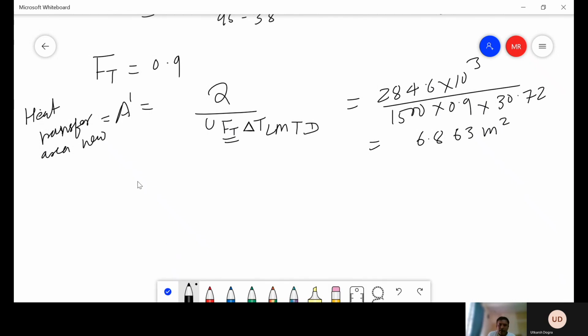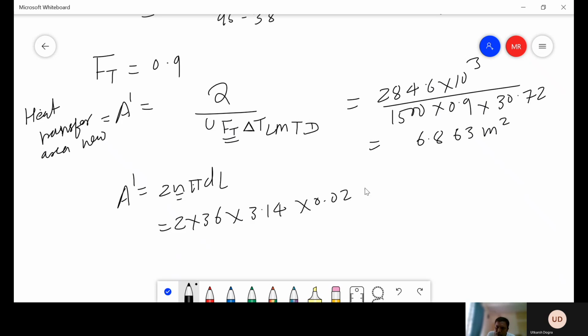Now with this we have to check whether we are satisfying the condition or not. This area A dash should be equal to 2n π d L, isn't it? Because two passes are there, and in one pass n number of tubes are there. Since two passes are there, there will be 2n π d L, and π d L is the area for each tube. So 2 into 36 into 3.14 into diameter 0.02 into L, and this area is 6.863.